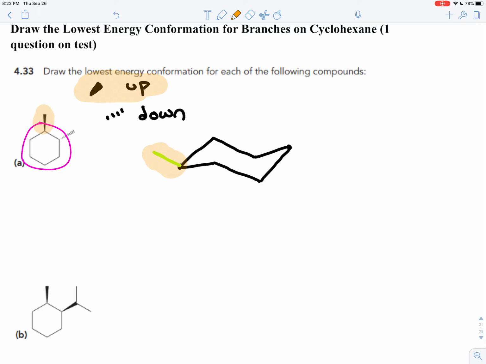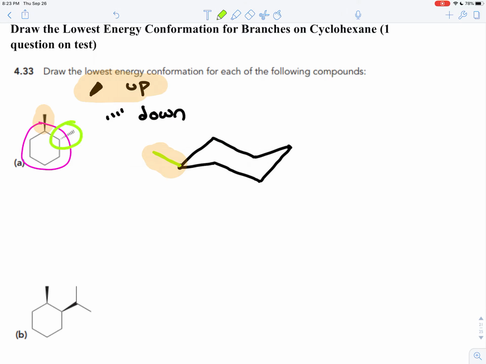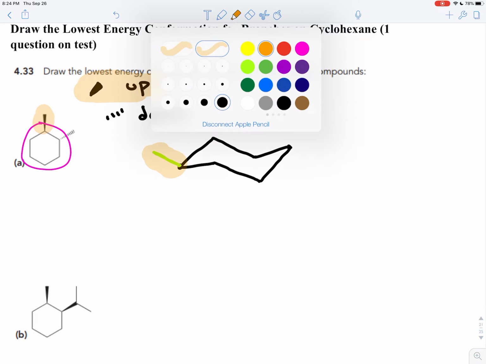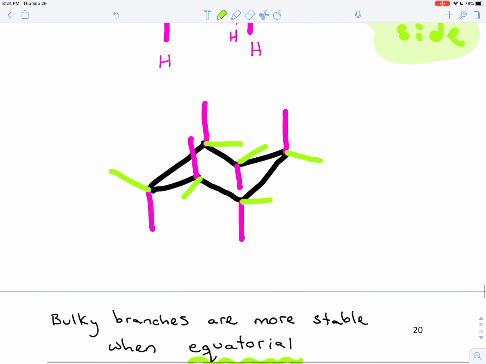Okay, next, on the carbon adjacent to it, we're going to have a branch going down. If this carbon is equatorial going up, then next door, and it doesn't matter which carbon we go to, I'm going to go to the right here, the equatorial position will be going down, because they alternate.